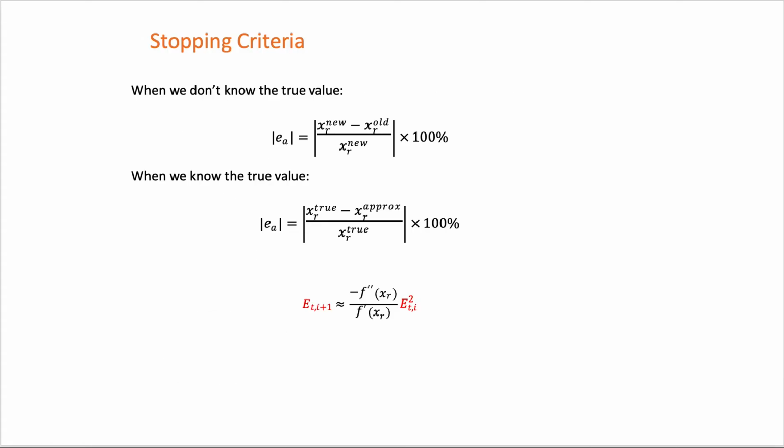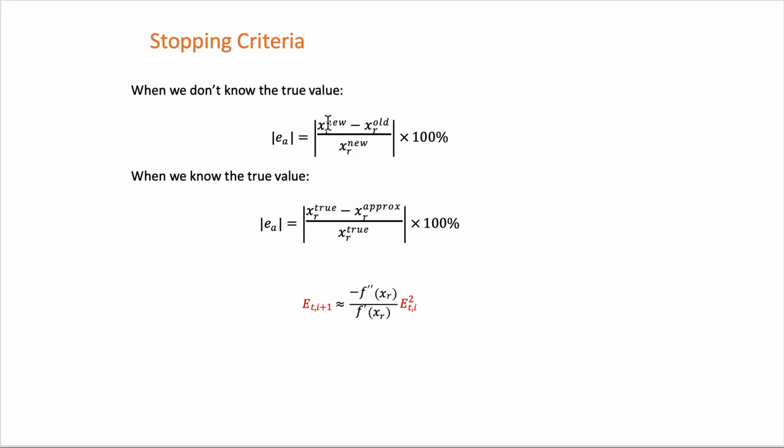And the stopping criteria here, of course, we're searching for the root because we don't know what the roots are, so we almost never really know the true value of the root. So this equation here on the bottom, which is essentially the relative error estimate, is not appropriate, right? It's not a practical one, because we don't really know the true error.